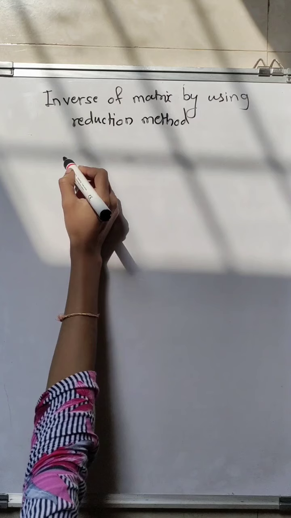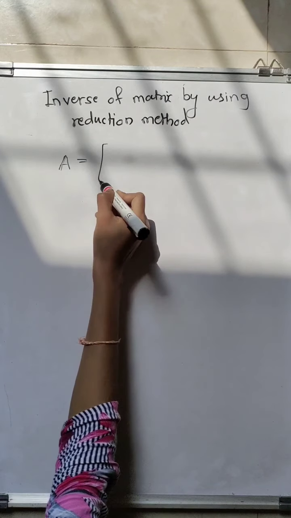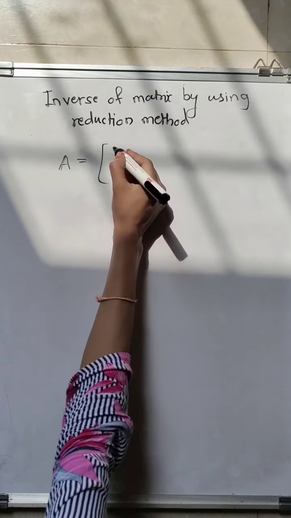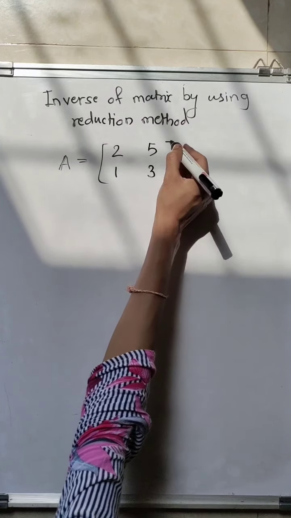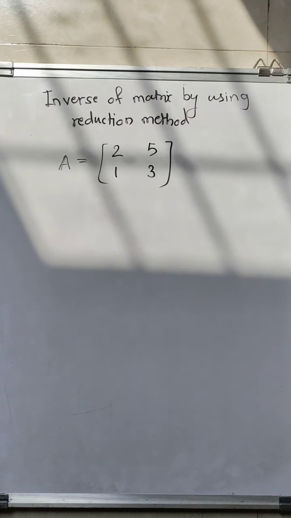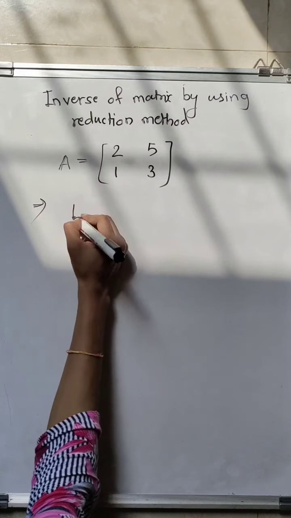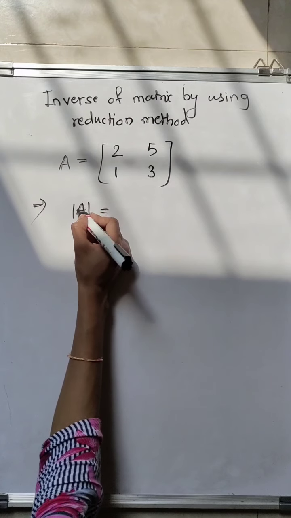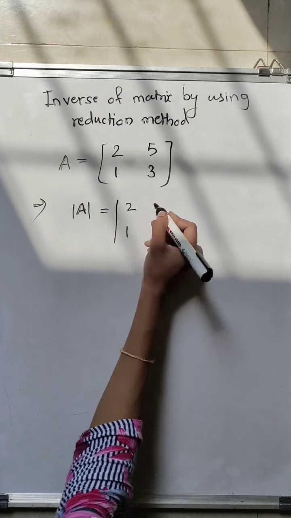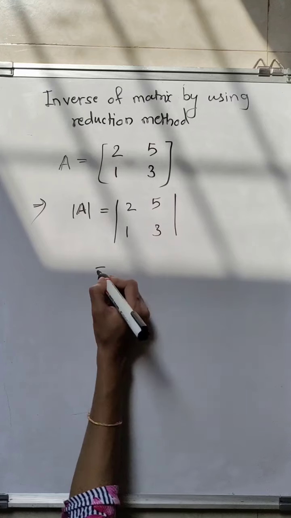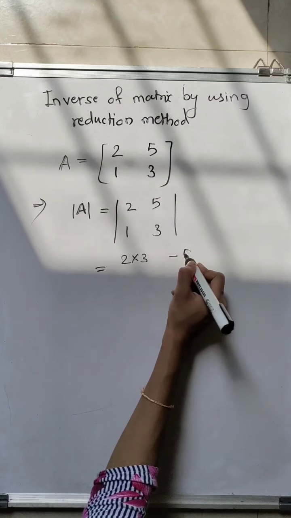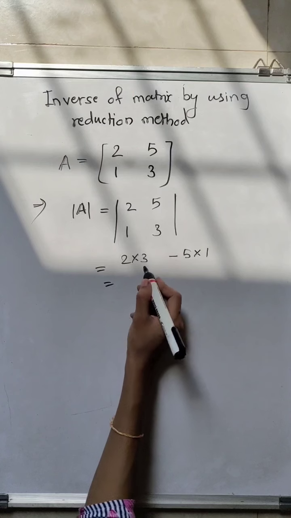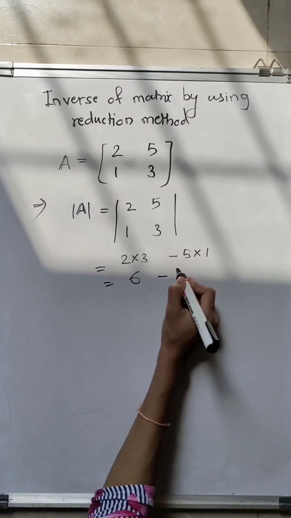For example, consider matrix A as 2 1, 5 3. First of all, we have to check whether the matrix is singular or non-singular. For this, we find the determinant of A. It is the determinant of 2 1, 5 3, which is 2 into 3 minus 5 into 1. 3 into 2 is 6, minus 5 into 1 is 5.